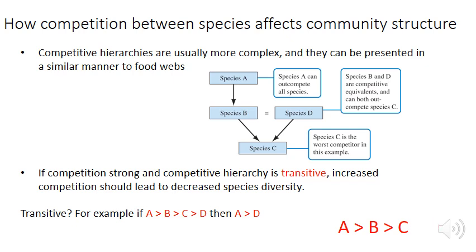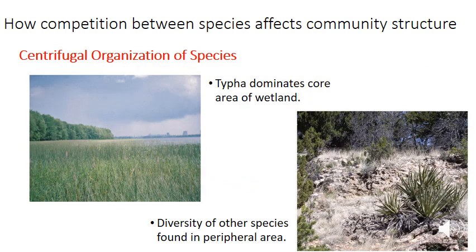So we'll lose species D, lose species C, and then eventually that community might be dominated just by the most competitive species, species A. So the theory then is that when multiple species, which are functionally similar and competing for the same resources, co-occur, the more competitive species will outcompete and exclude the less competitive species. And this is an example of an assembly rule, something we can use to make predictions about ultimately the makeup and structure of communities.